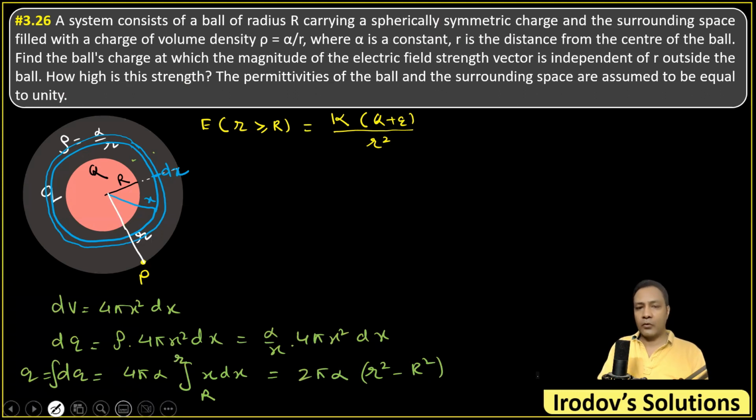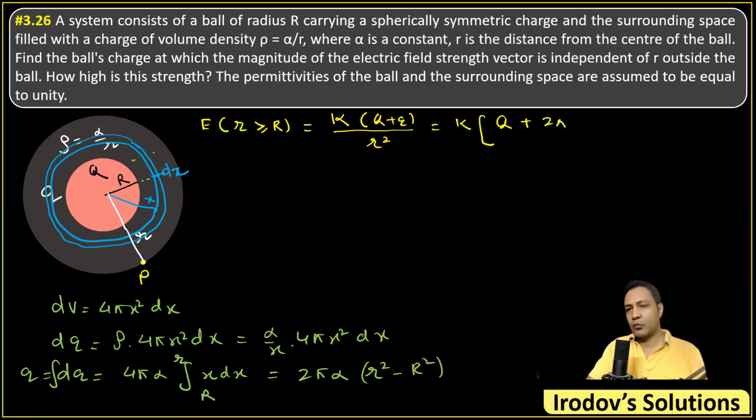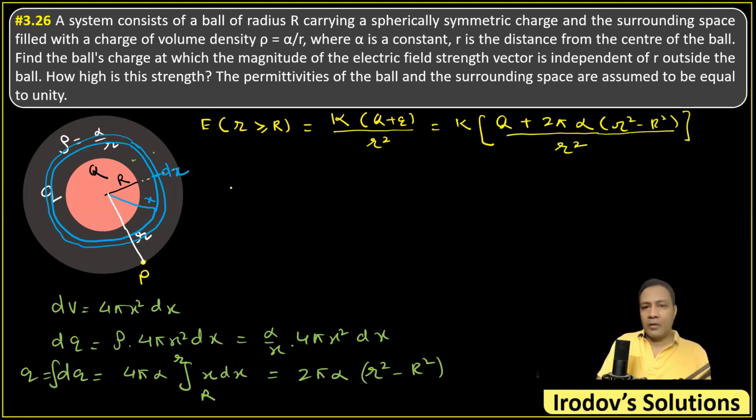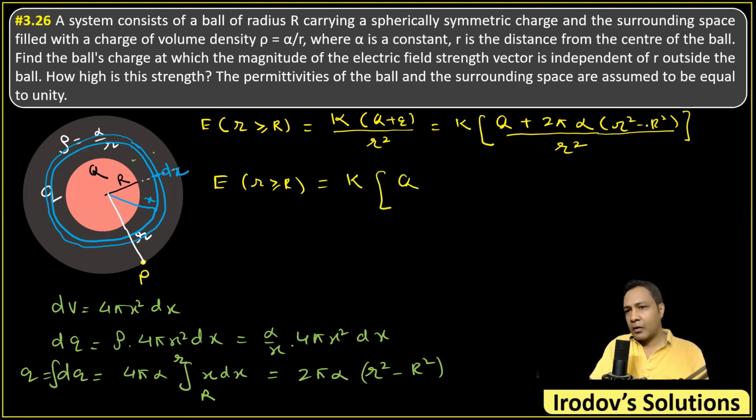Now I just put this small q into the expression. So E is K times capital Q plus 2 pi alpha times r square minus capital R square, divided by small r square.